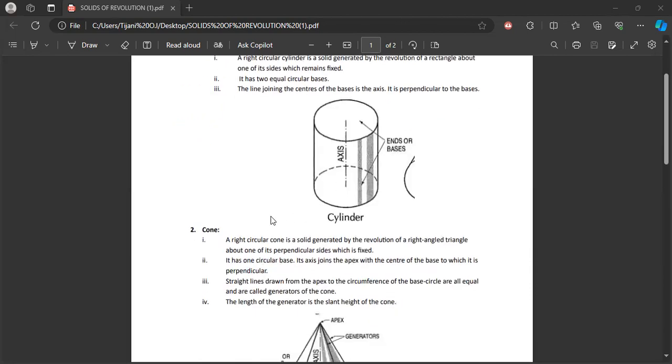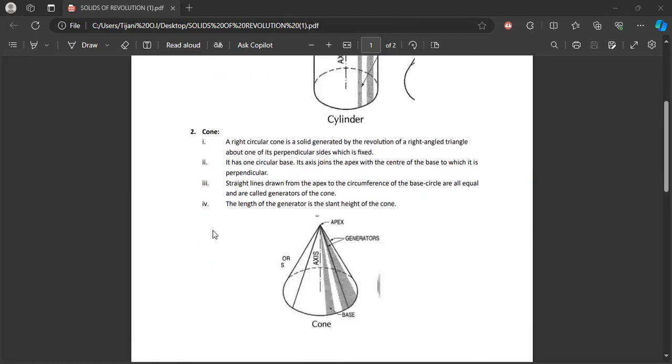So these are the things you need to know about a cylinder. Then let's look at a cone. A cone is another type of solid of revolution. A right circular cone is a solid generated by the revolution of a right-angled triangle about one of its perpendicular sides, which is fixed.